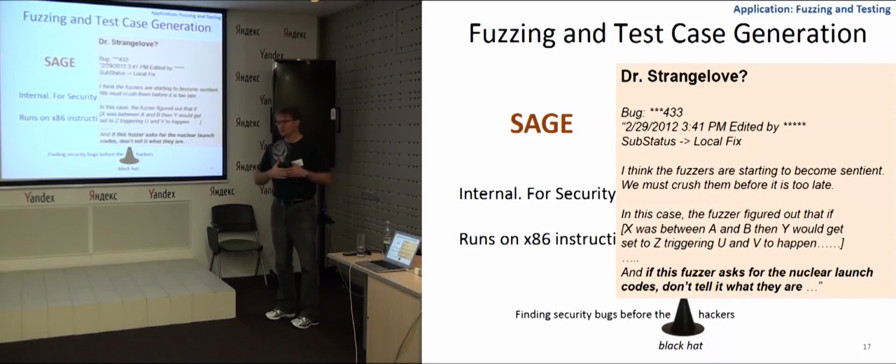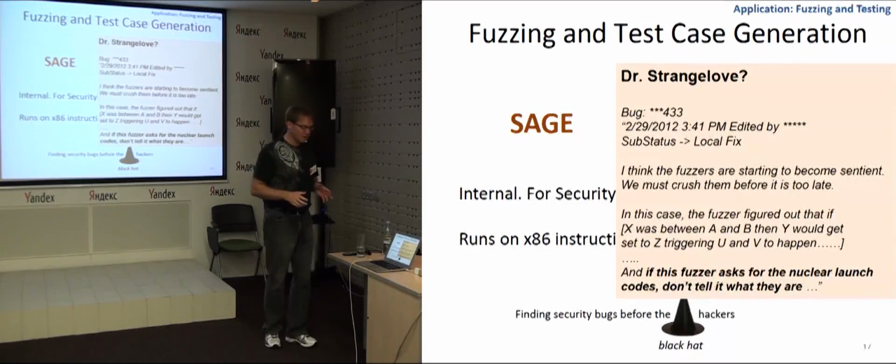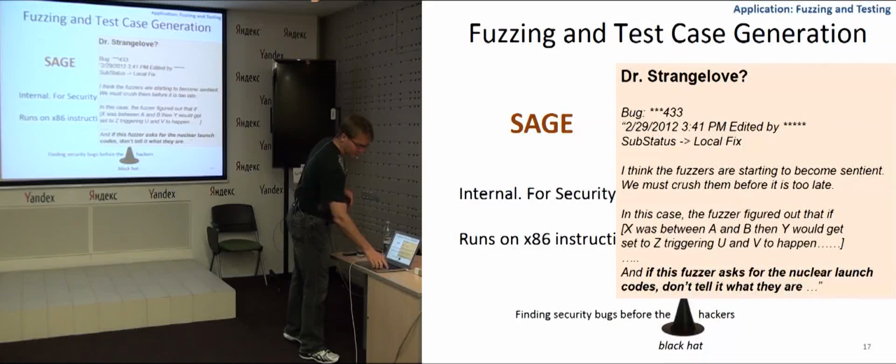What it's able to do is to carefully, just like the example I showed you, find the magical values that cause a sequence of events to happen. And so it's able to do this code exploration that people will have a hard time doing.